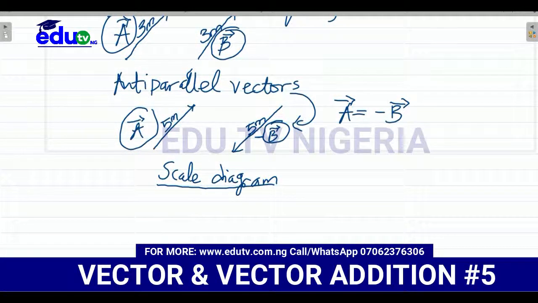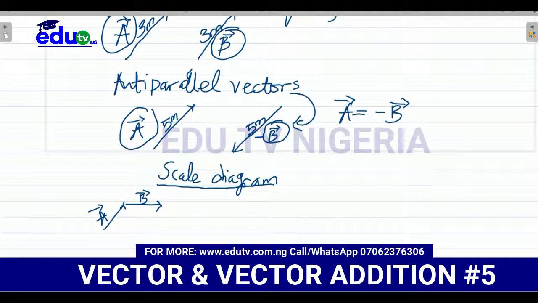We have vector A and we have vector B. For us to have the addition of the two vectors, we have vector A in this way, and another vector B, the second one. This is what we call a scale diagram.